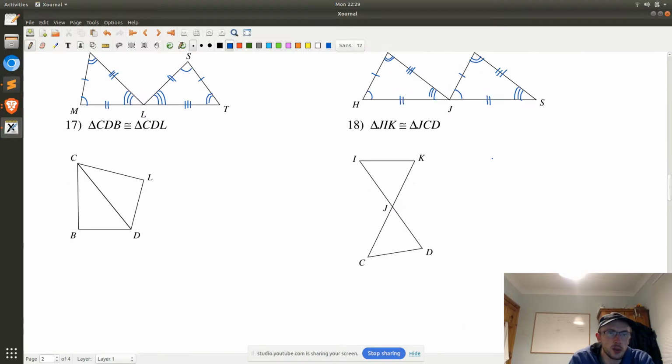And triangle CDB is congruent to triangle CDL. And we can indicate that like this.